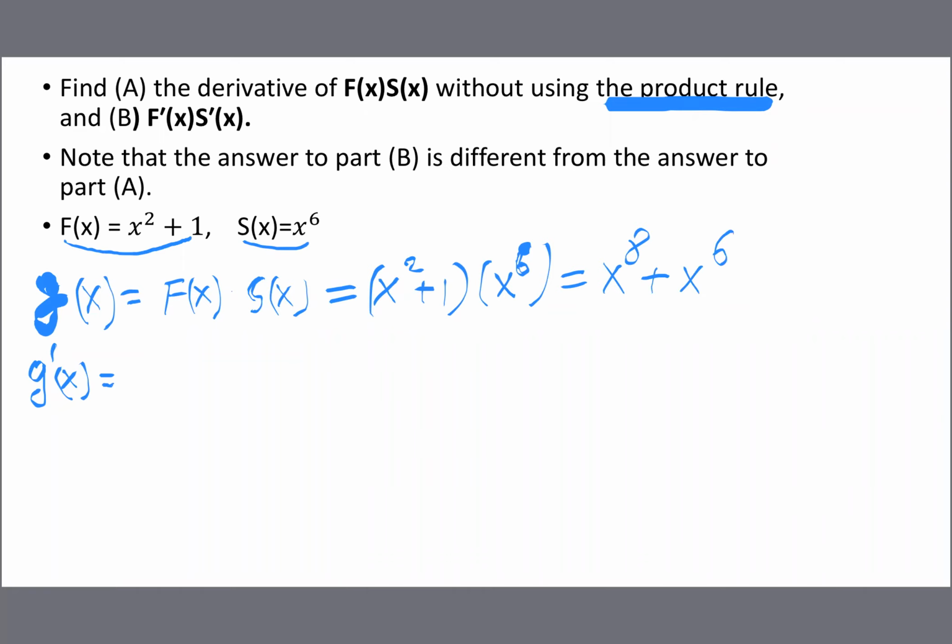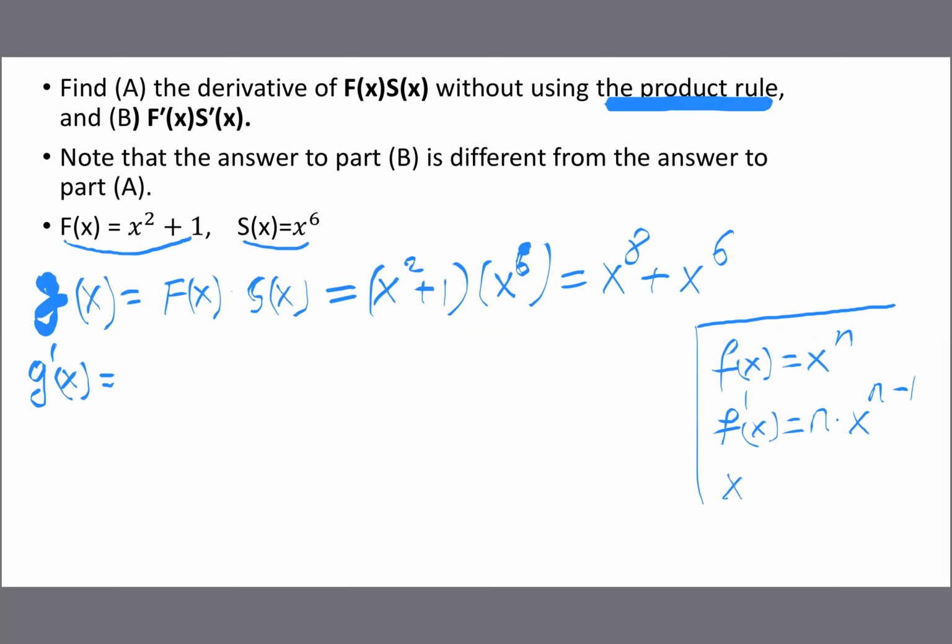To find the g prime of x, we're going to use the power rule. So let's recall the power rule real quick. If f of x is x to the n, f prime of x is n times x to the n minus 1. So in our case, we have x to the 8th.